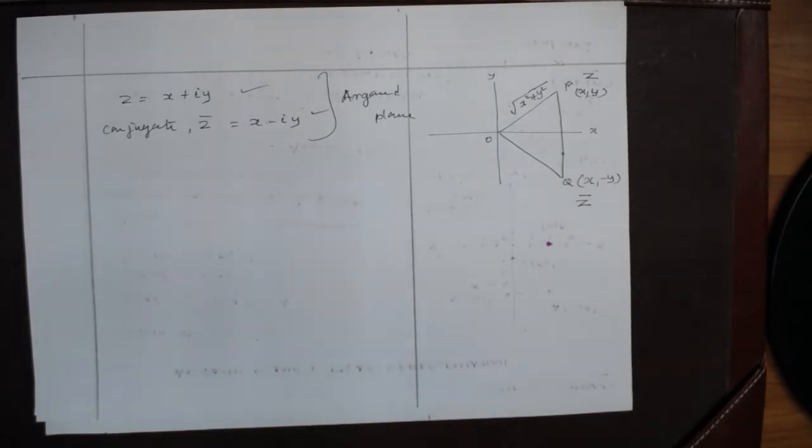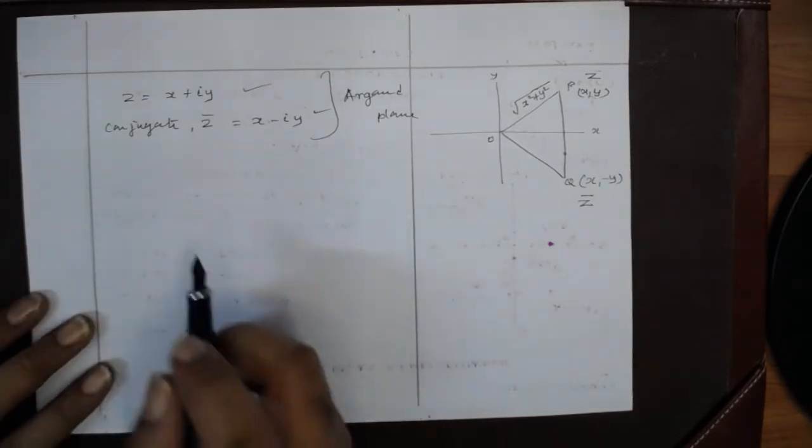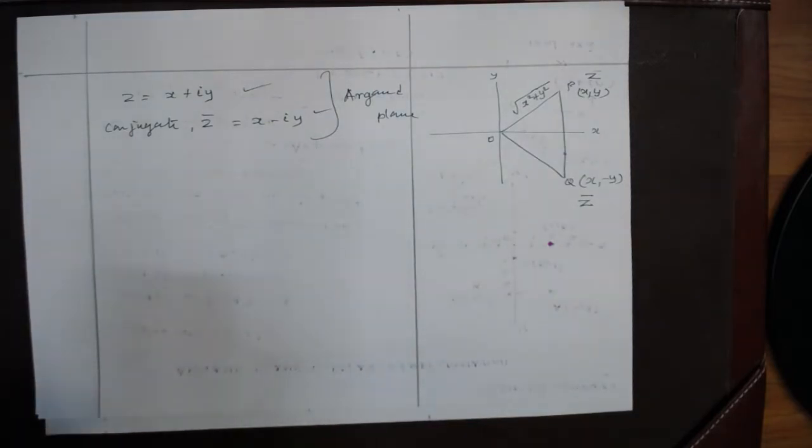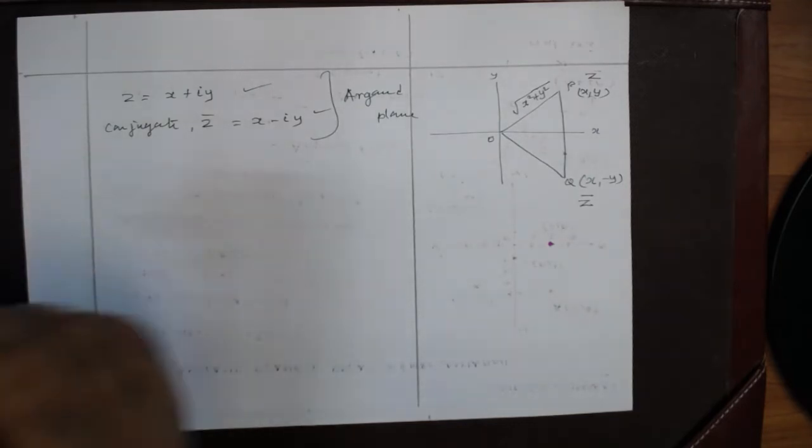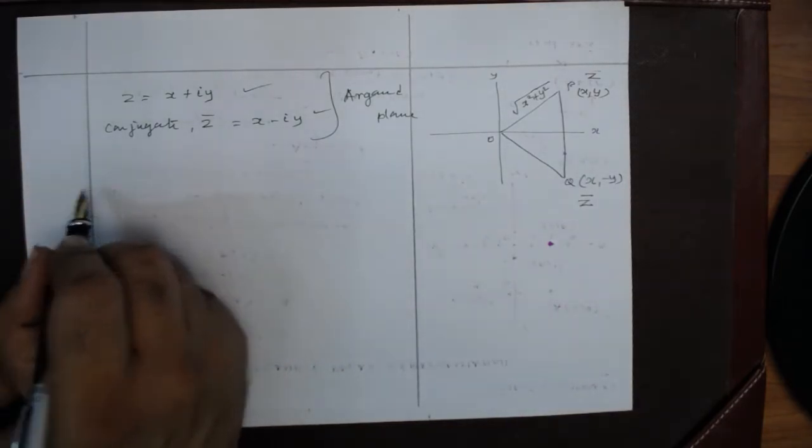Now let us discuss the polar representation of a complex number. Third point, third concept, that is the polar representation of a complex number.